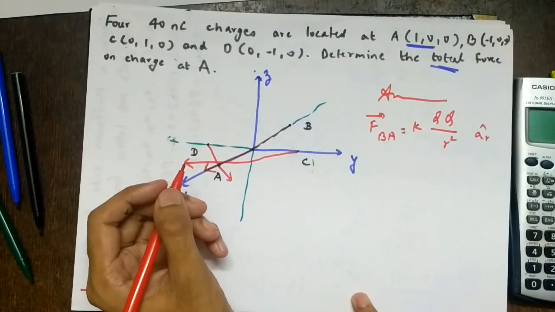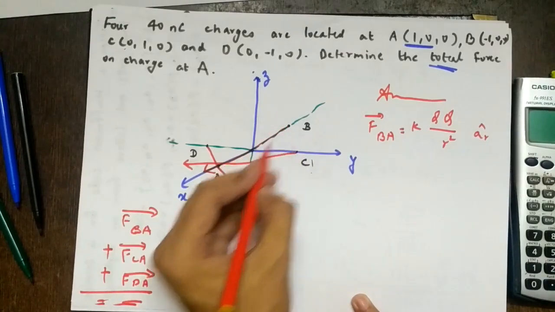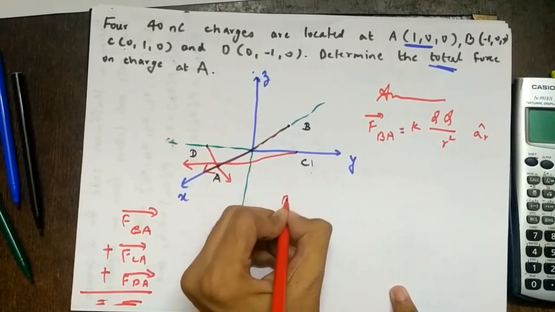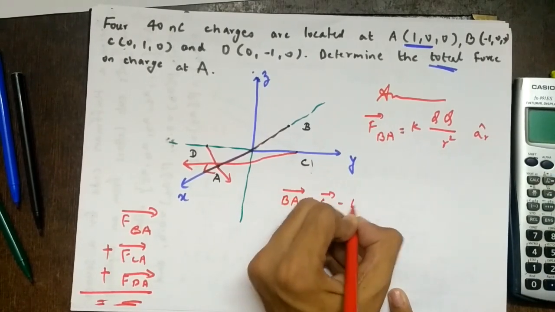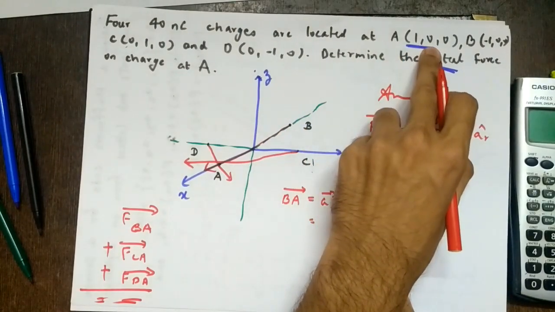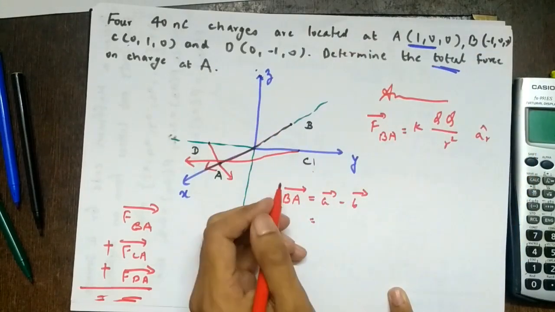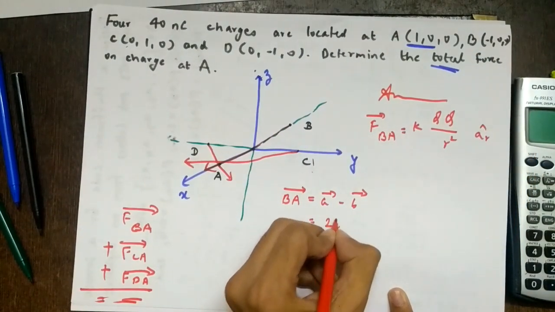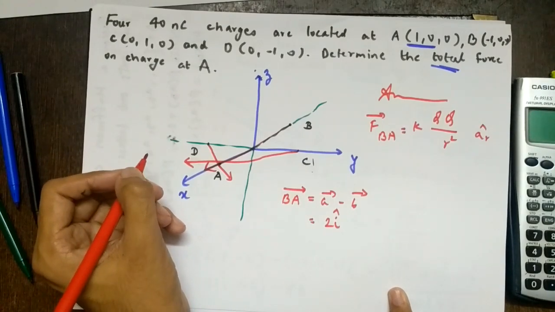For that what we require? BA vector, because we are going from B to A, right? So let's find BA vector. It will be small a vector minus small b vector. What is small a vector? I cap, only I cap. What is small b vector? Minus I cap. So 1 minus of minus 1, it is 2 I cap. Am I correct? A minus b.